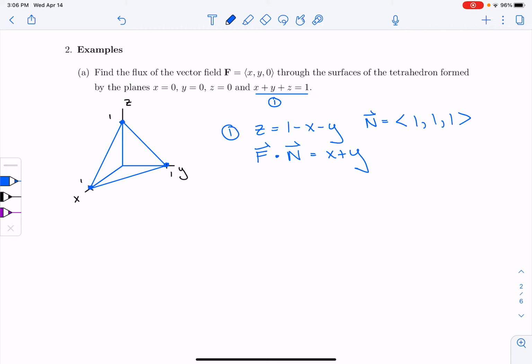Well, if I want to compute flux, I'm going to do a double integral over S of f dot dS.